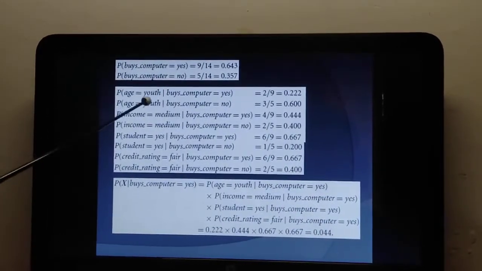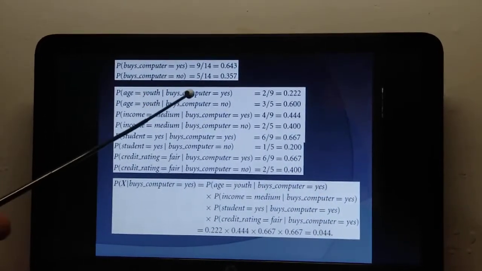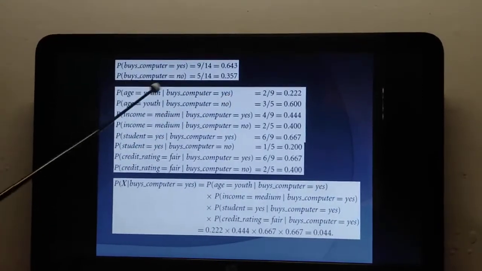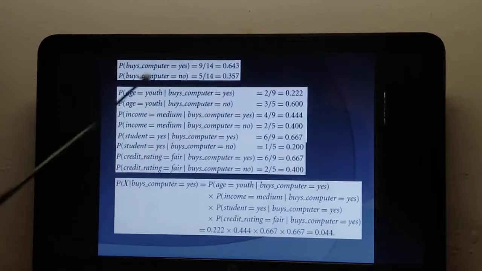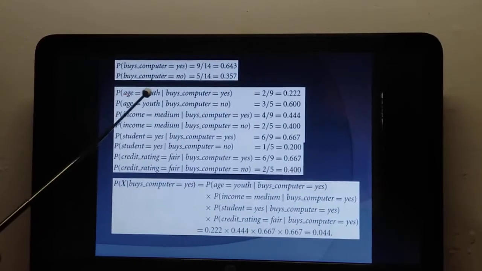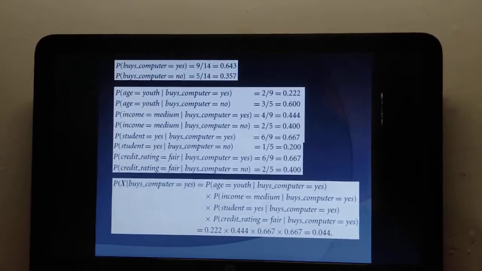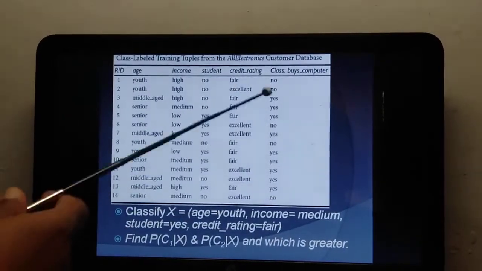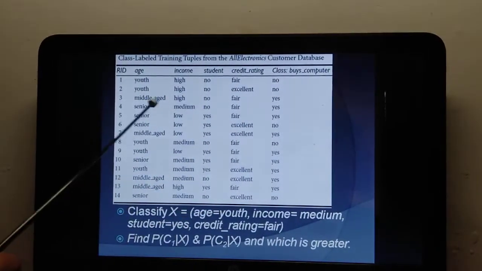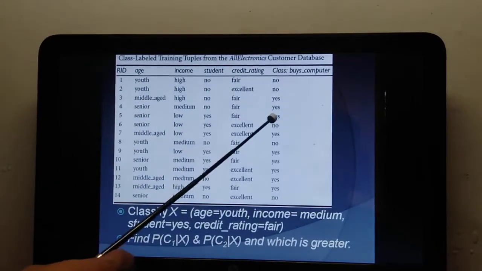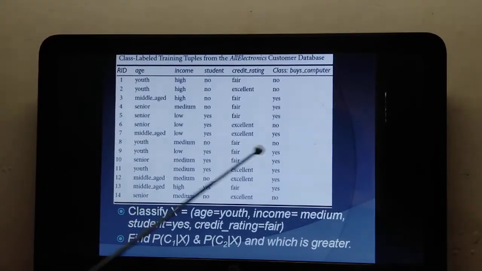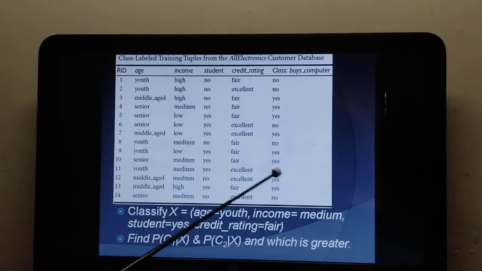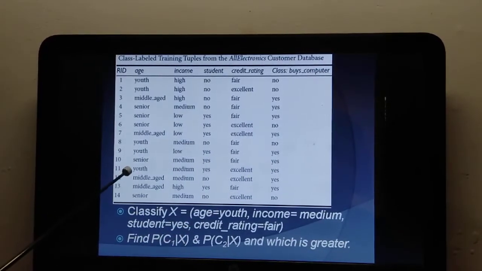So, probability of age is equal to youth, given buys computer is yes. Out of the yeses, how many have got age youth? That is what we are going to look at. So, we know over here 9 yeses are there. Out of the 9 yeses, here there is a yes, 1 youth, and here there is a yes, 2nd youth.